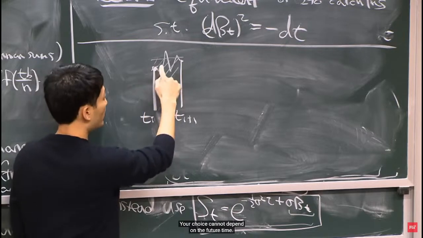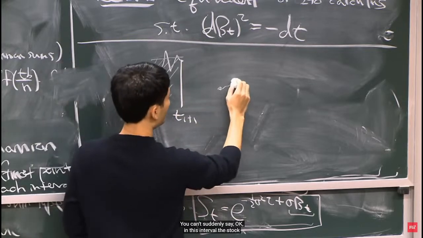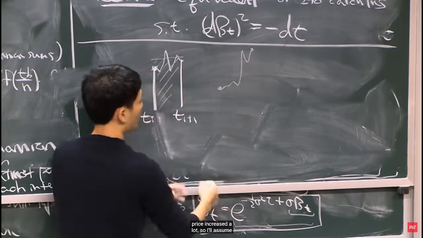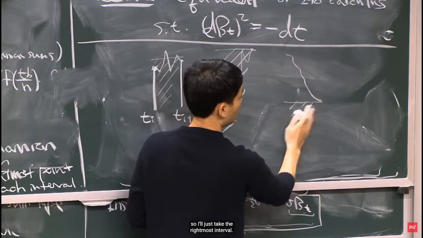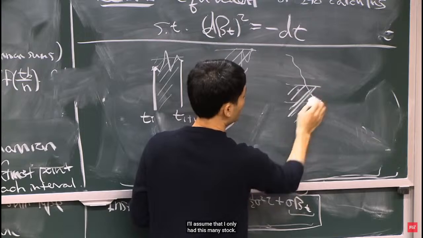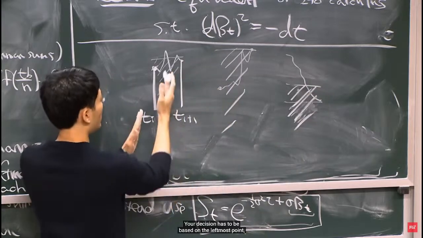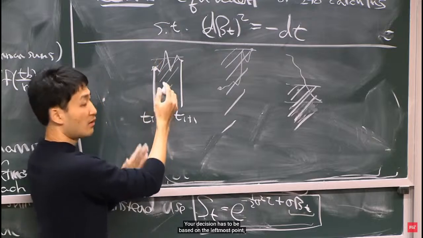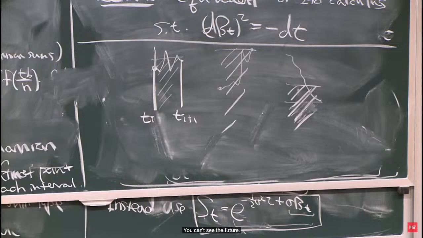Your choice cannot depend on the future. You can't suddenly say, in this interval the stock price increased a lot, so I'll assume I knew it was going to drop, so I'll take the rightmost point and assume I only had this many stocks. You can't do that. Your decision has to be based on the leftmost point, because you can't see the future.